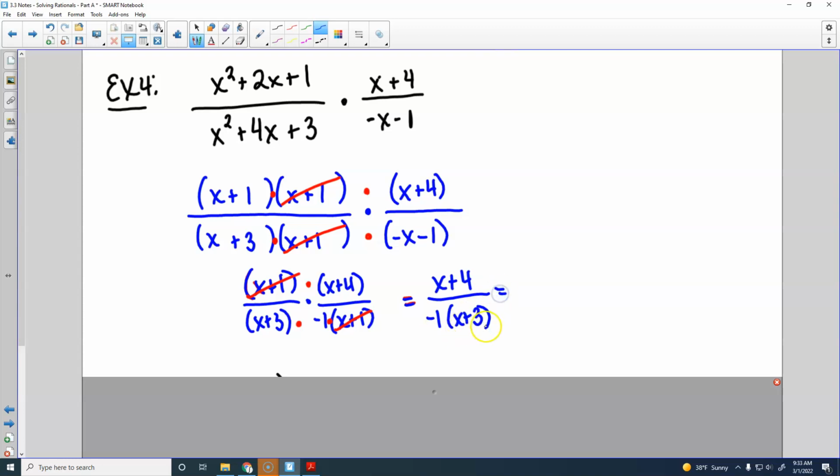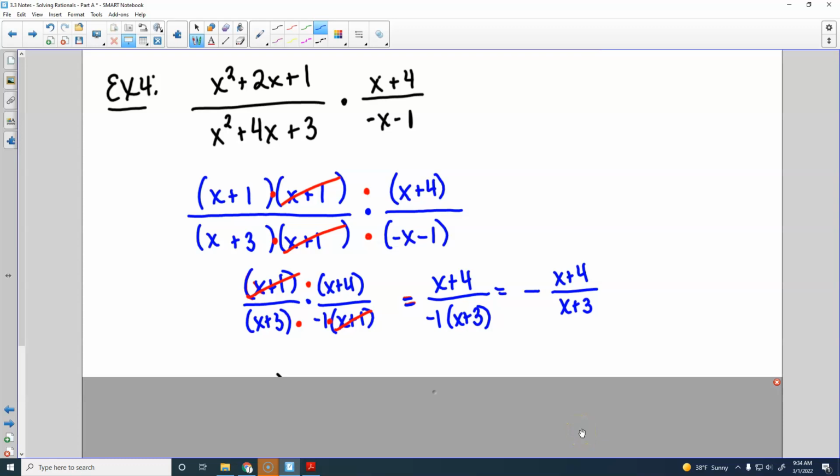Or you might distribute that negative back out. Actually, what you're probably going to see is that negative 1 could be in the top, it could be in the bottom, it could be out front. I think you'd probably see him put it out front and do x plus 4 over x plus 3. Or it could be distributed in where you got x plus 4 over negative x minus 3. But if I put this negative out here, it could go top, bottom, out front, any of those.